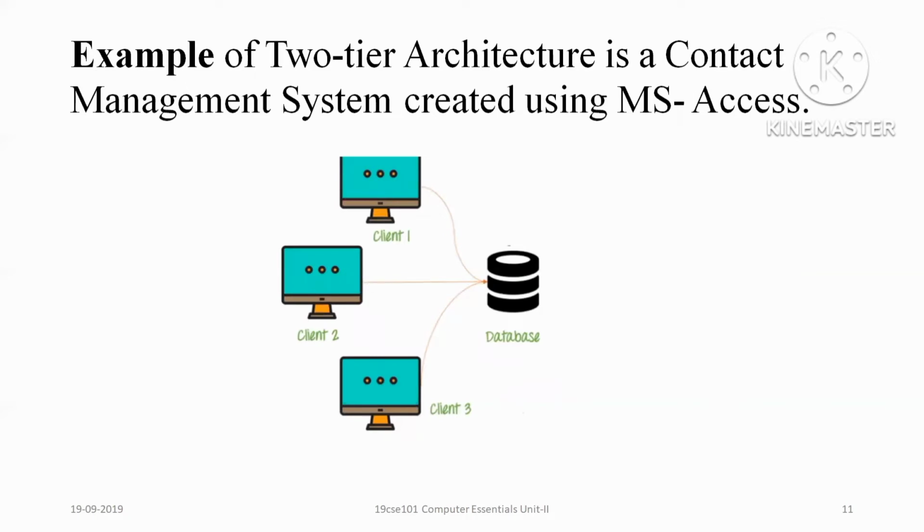And another regular example is a data management system developed using MS Excel or MS Access. This is an example of two-tier architecture. This is the database. This is the client.